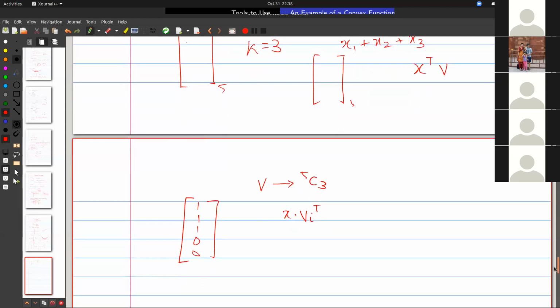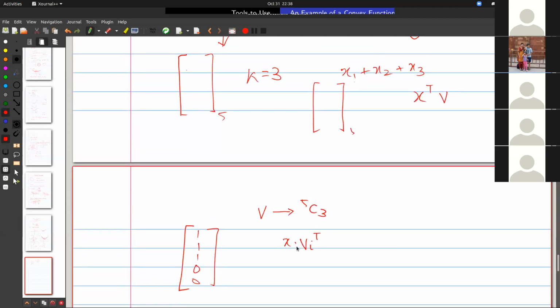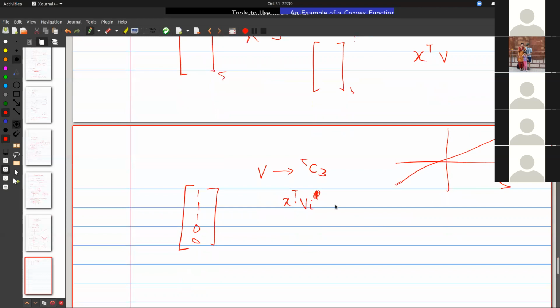Now see that x transpose vi is just an affine function of x. All affine functions are certainly convex. I should have shown this earlier, but all affine functions are convex because they satisfy the less than or equal to condition. So it's just a pointwise maximum of affine functions.